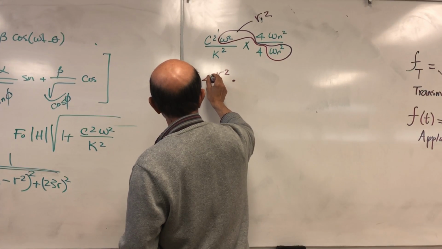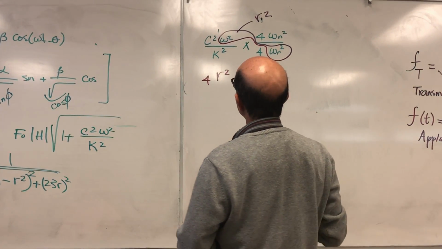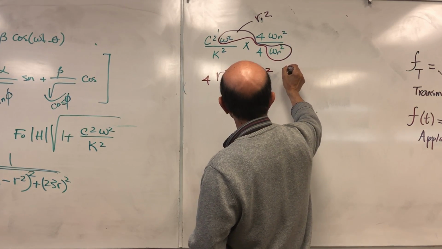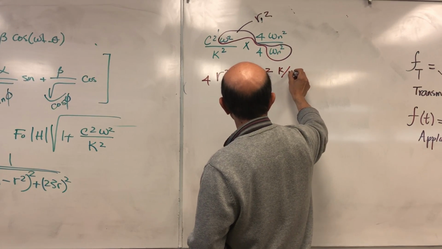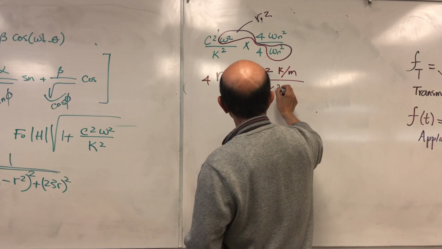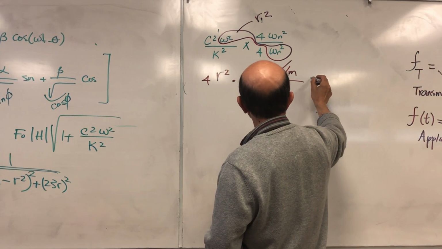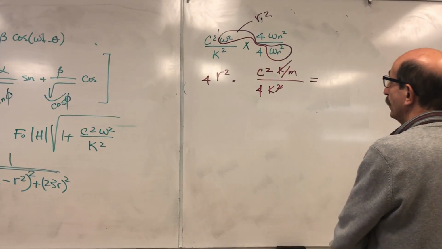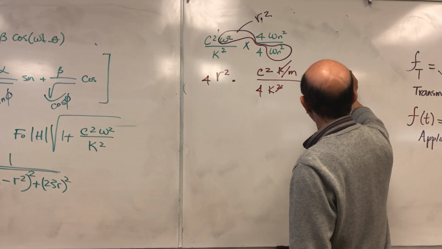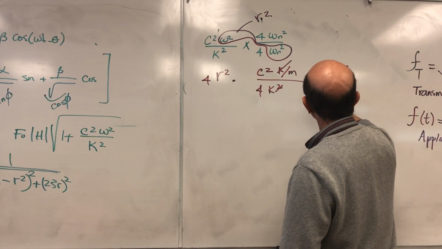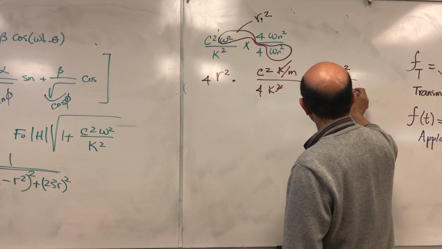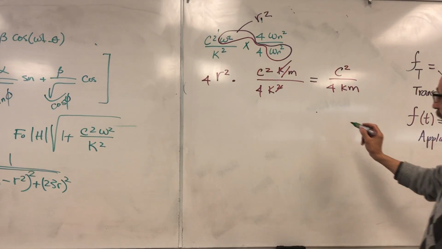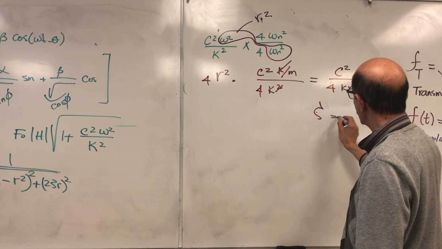I keep this 4 here, so it would be 4r squared times c squared. Omega squared is k over m, divided by k squared. So this would be, well, I keep this 4 here, so you have c squared over 4km.